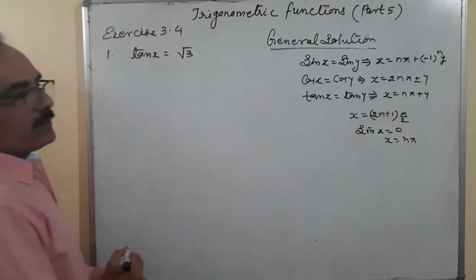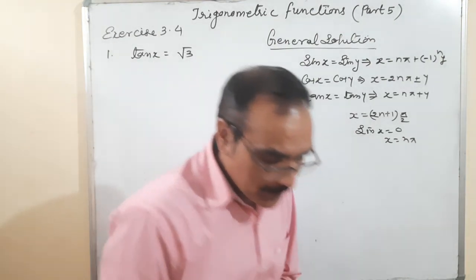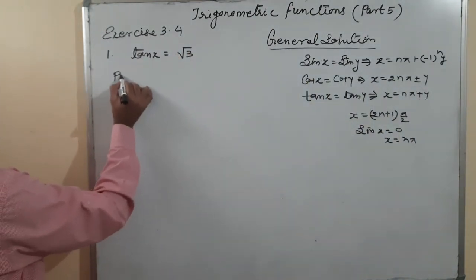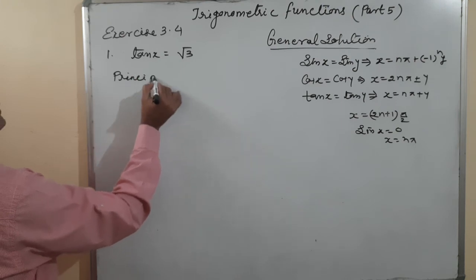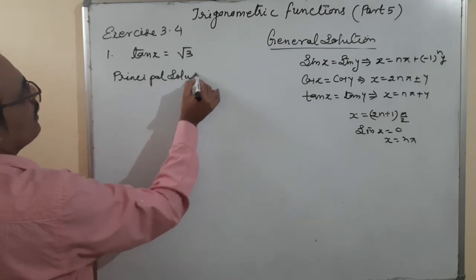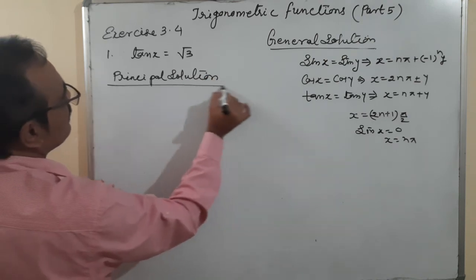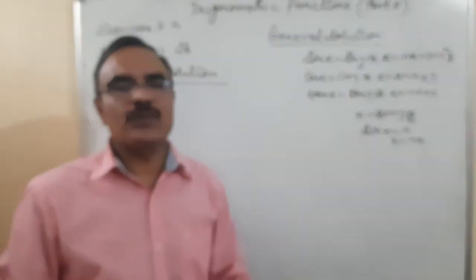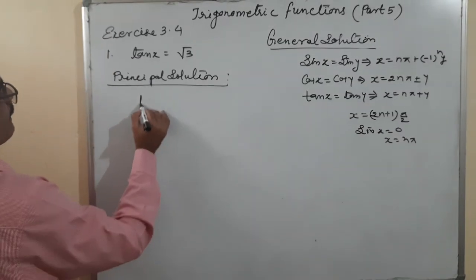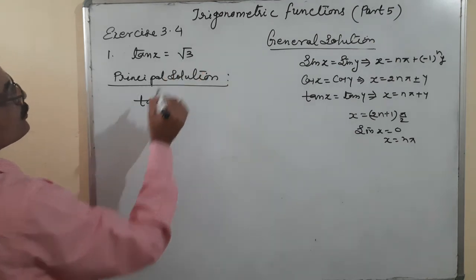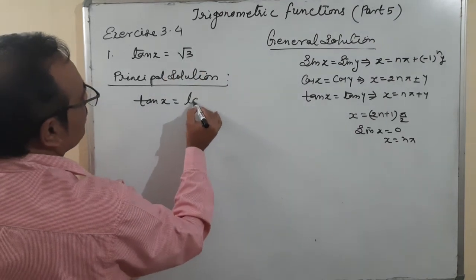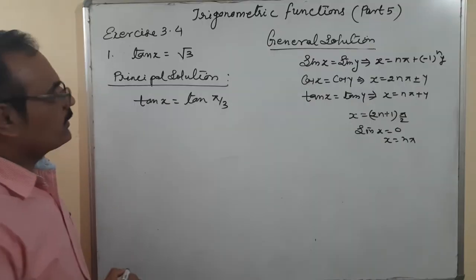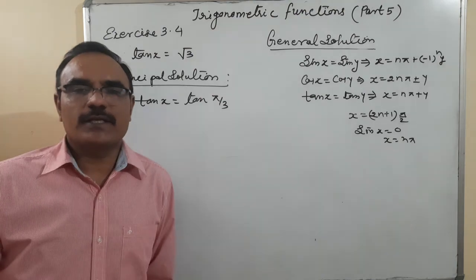Let us see the principal solutions. Tan x is equal to root 3. There must be two values. Root 3 means tan 60, that is tan pi by 3. So tan x is equal to tan 60, so one is pi by 3.